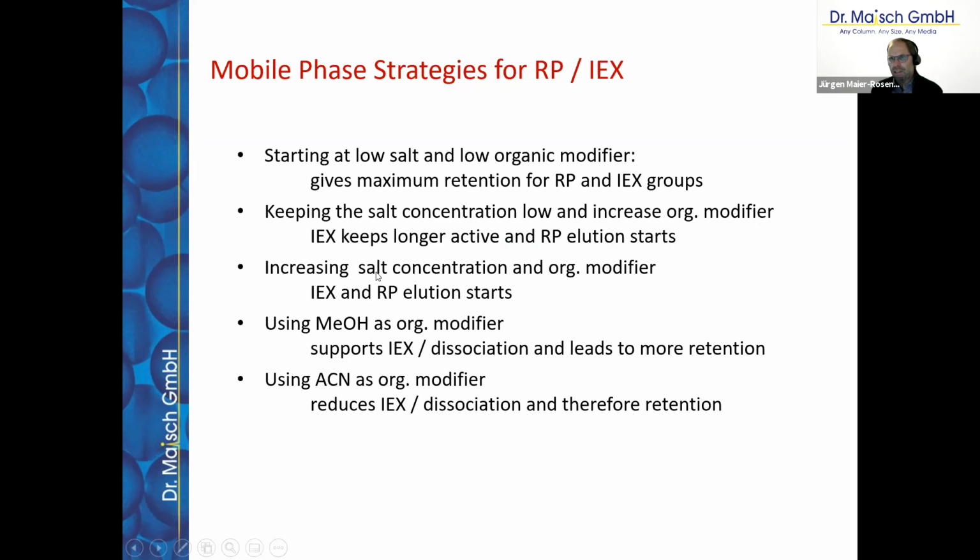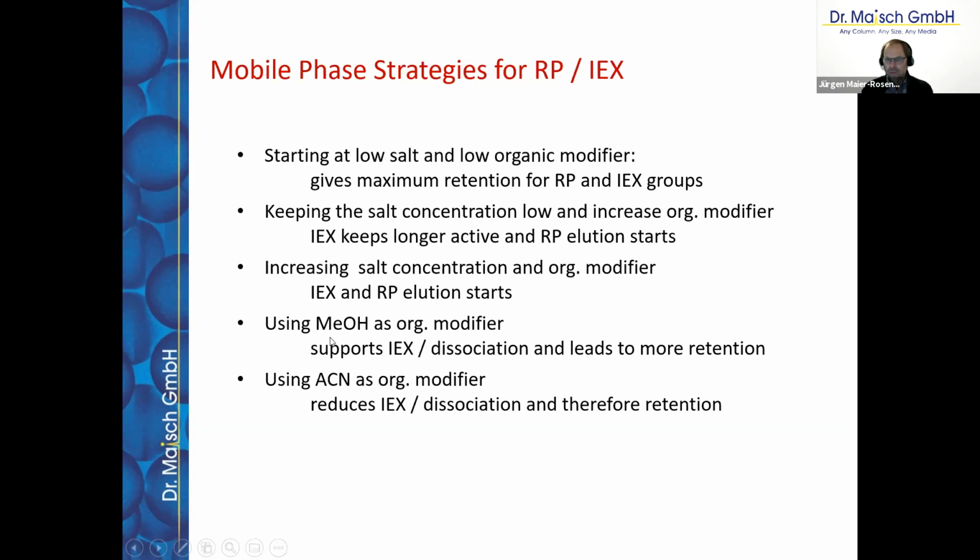You increase salt concentration and organic modifier at the same time, so IX and reverse phase elution starts immediately, leading to a different elution profile. So those are the three possibilities to balance out the interactions between reverse phase and IX.